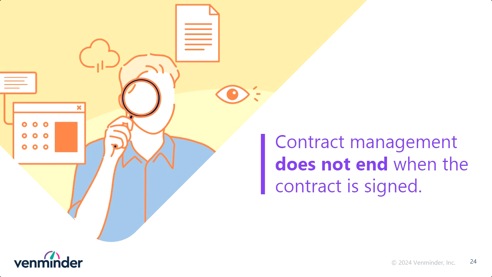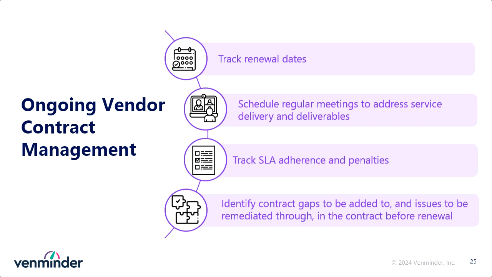That is certainly not the best practice and not what we should be doing. So remember, contract management does not end when the contract is signed. So let's just talk through a few things that are critical to consider with ongoing contract management.